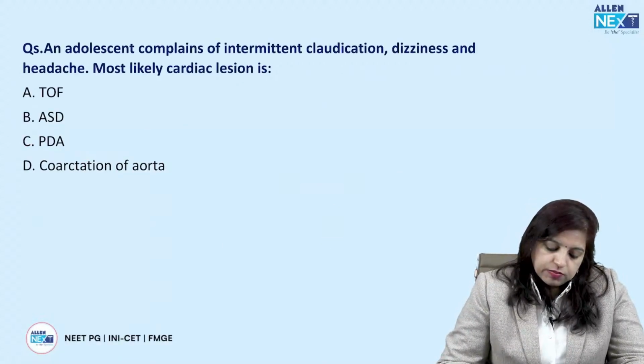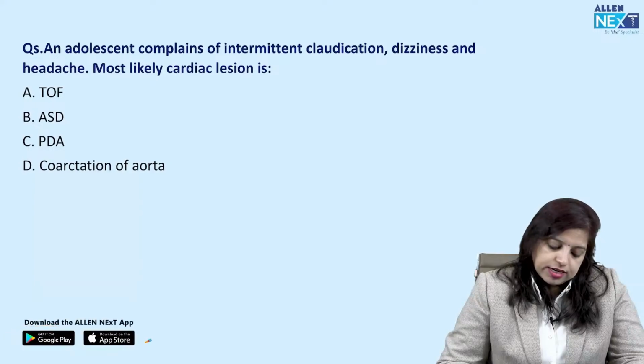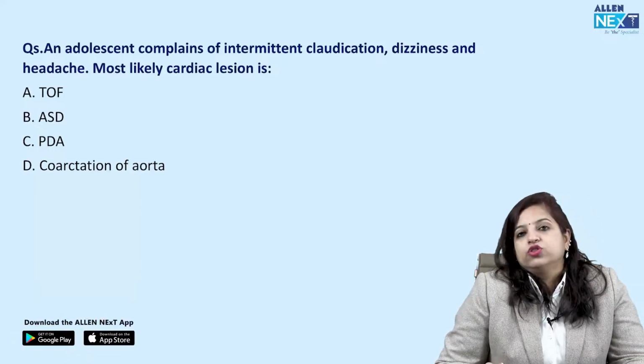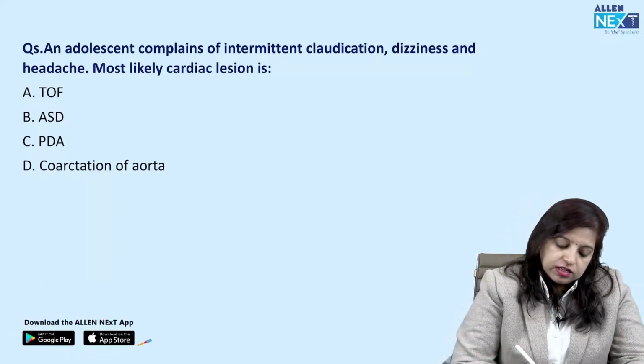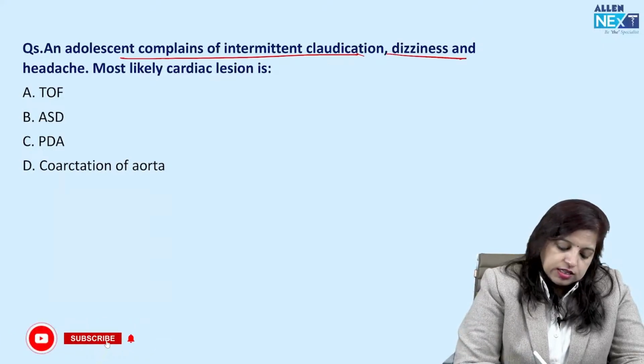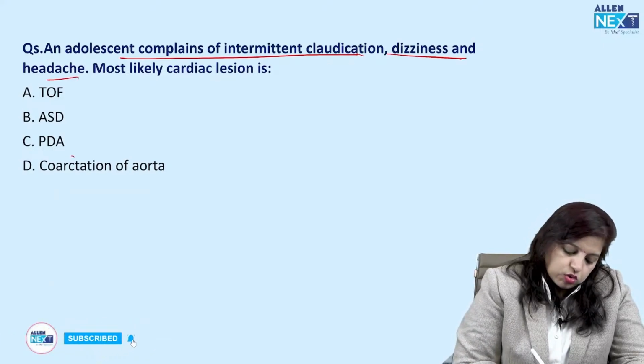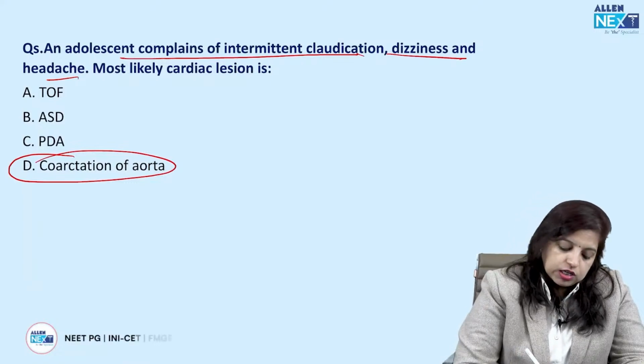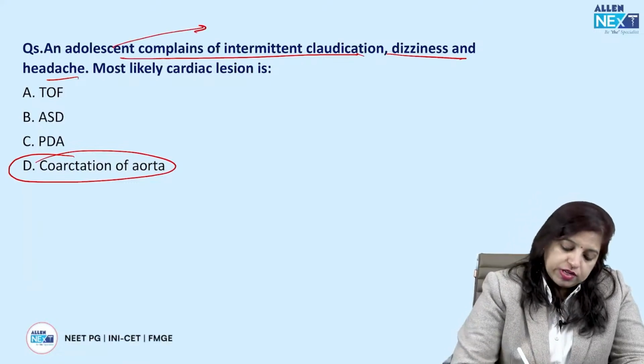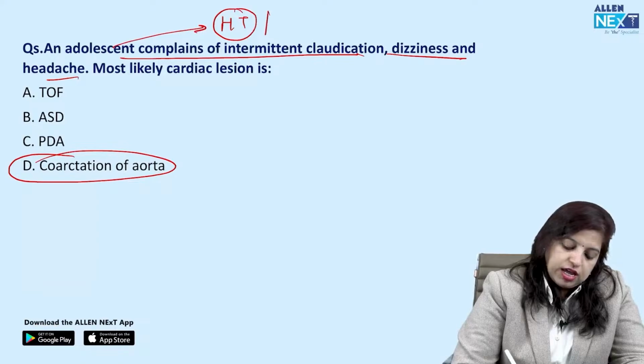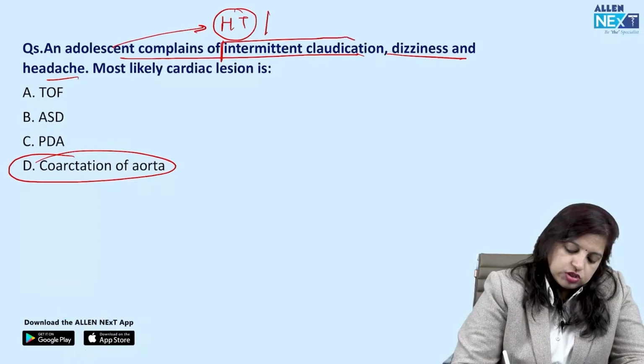Then, an adolescent complains of intermittent claudication, dizziness and headache. Most likely cardiac lesion is? So, when the adolescent is complaining of this, then you should always think about coarctation of aorta, because in the adolescent age group, coarctation of aorta presents with hypertension and intermittent claudication. Why?